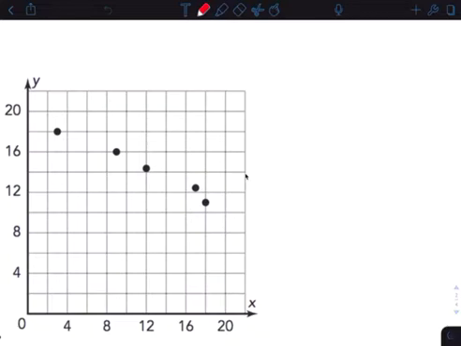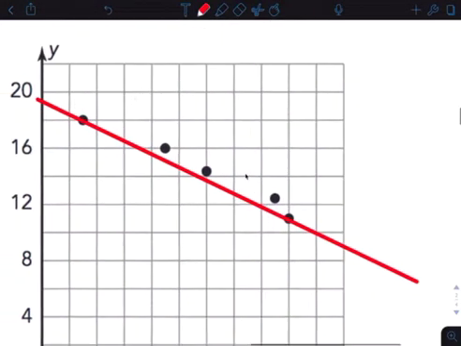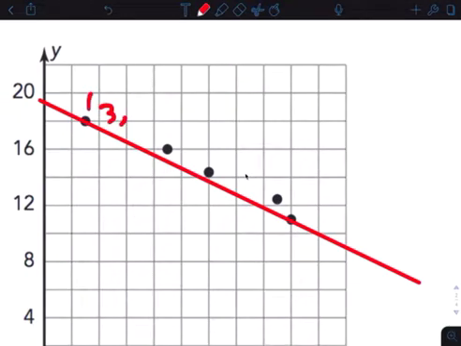It depends on where your child draws the line. For example, if you draw the line this way, it's not the best line, but it's okay. They have to use 2 points. Here's 3, so this is 3 and this is 18. So 3 and 18.